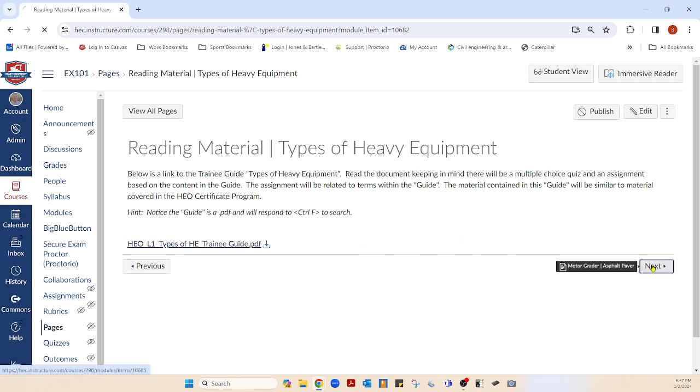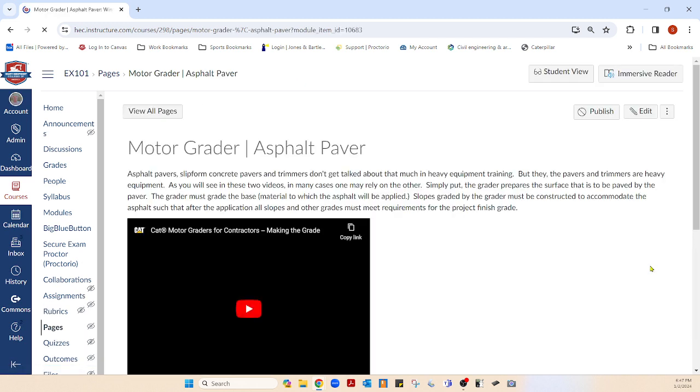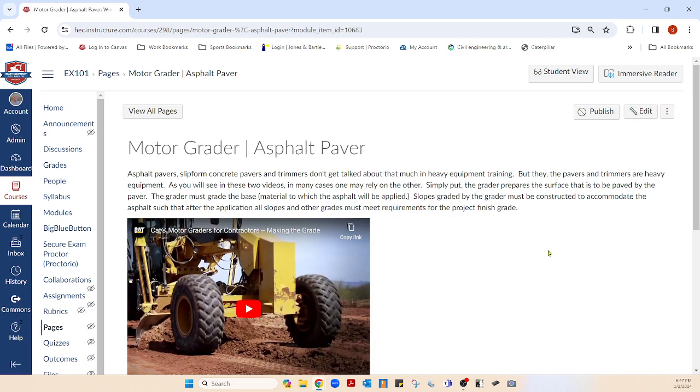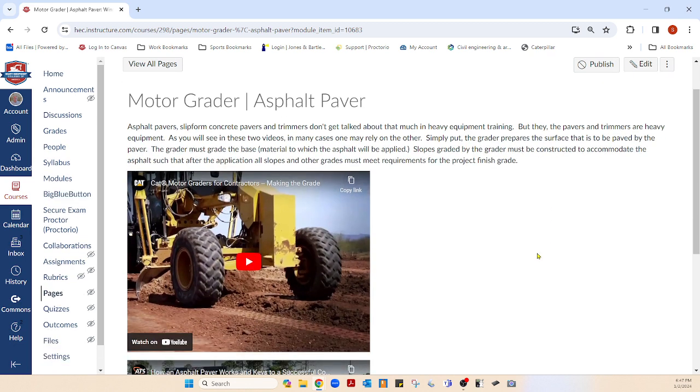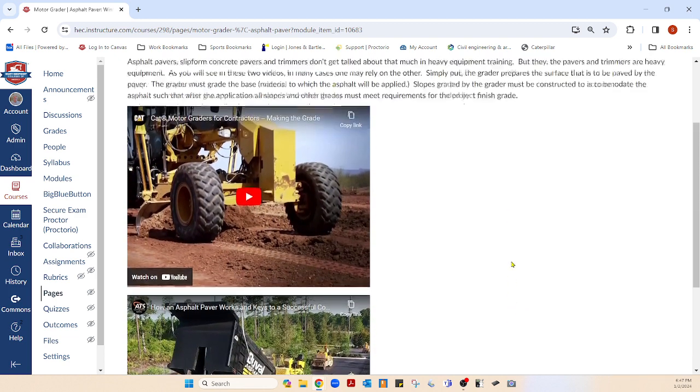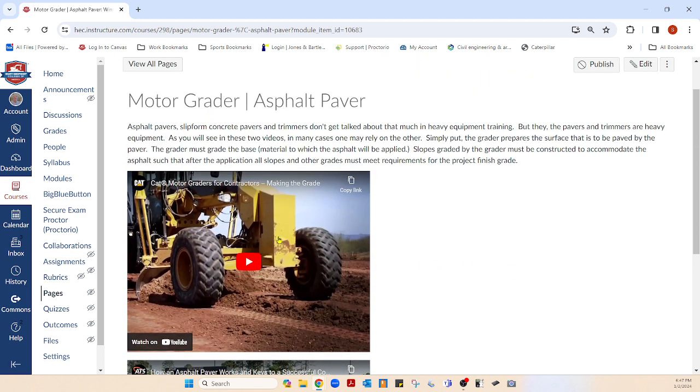What's next? There's some things in there that you may not have been around very much. Motor grader. I really like this video. I think he's putting down on a dirt road some really good material. The problem with this video is he's got his camera on his hard hat and he's looking from side to side and it makes you think you're in a canoe in a storm.